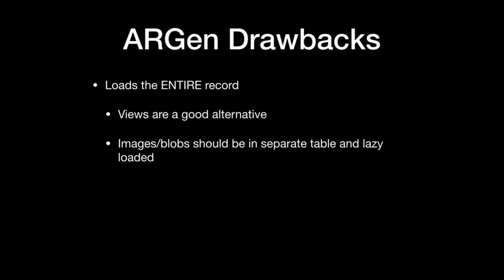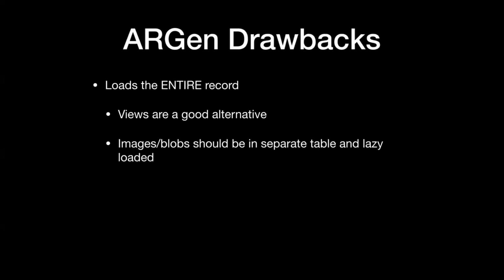There's no such thing as saying, can I just do 3 or 4 fields off this record? The answer is no. If you want to do that for a list or something like that, views are a really good alternative. Matter of fact, I would highly recommend using views because they are really good at things like that. The other thing that is really bad is images and blobs.